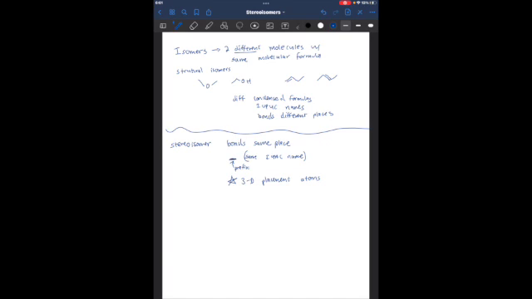We learned about several different types of stereoisomers. One are conformational isomers, and the others are all configurational isomers. Conformational isomers come from rotation around sigma bonds, and specifically those carbon-to-carbon bonds.